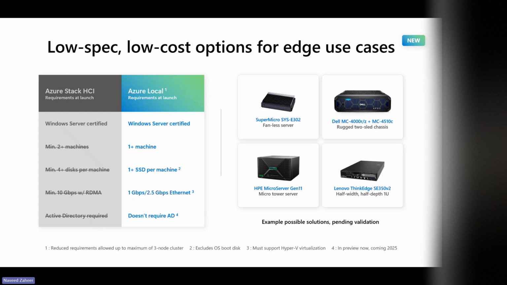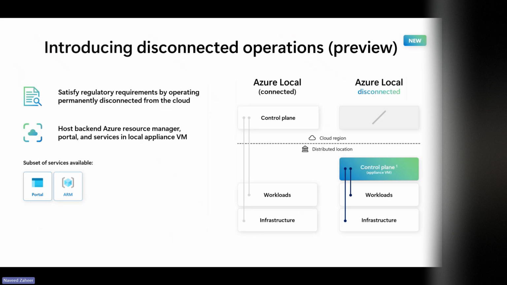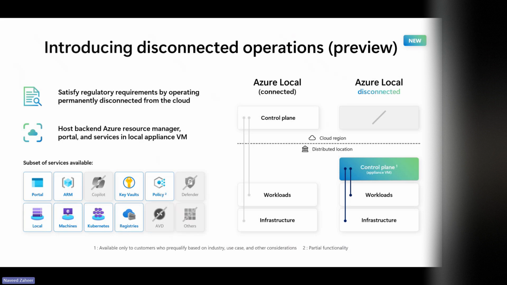And these are just example solutions. As I said, take a look at our catalog for Azure Local and see what best works for your need. Okay. And in regards to the disconnected scenario, what happens is there is no connection or very limited connection to Azure, and you are now running the Azure control plane on that disconnected location.